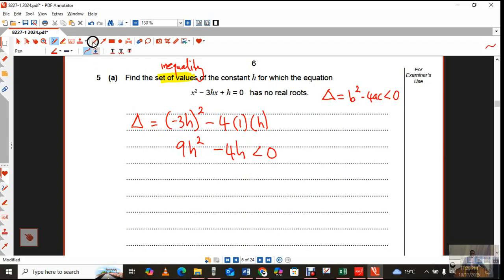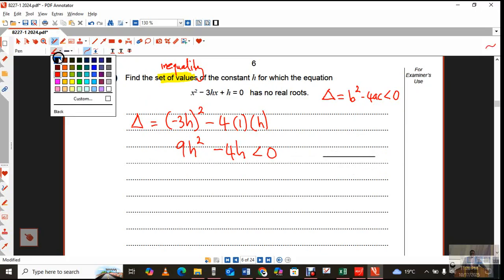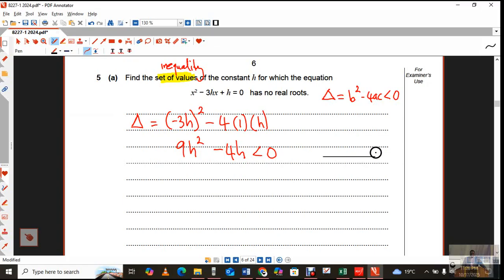Now, in terms of a graphic representation, if this is the x-axis, this graph is going to open up like so. So when this whole function is less than 0, it means it's negative. So we are looking at this range.